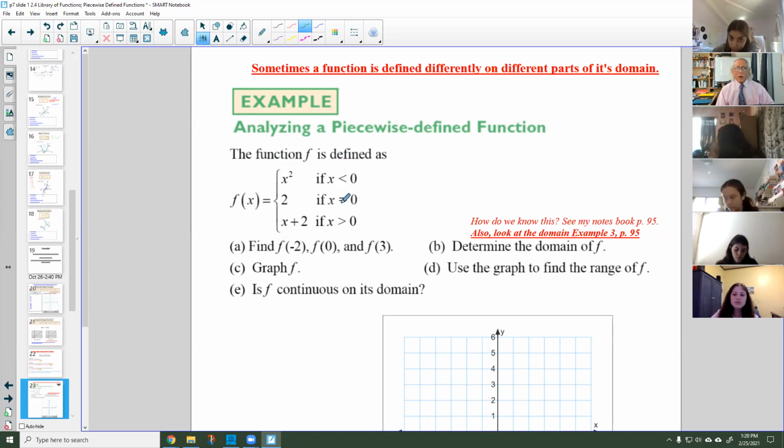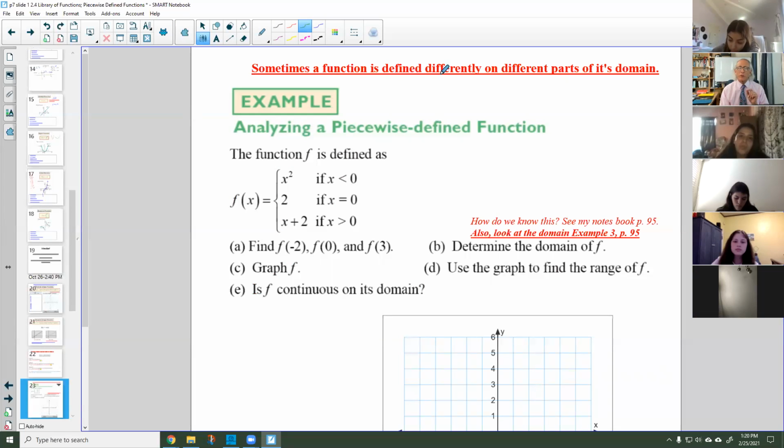So what a piecewise defined function does is it's defining the function differently on different parts of its domain. So I'm looking at this function. It's just a single function, f of x. And I say it's equal to, but I got a bracket because I'm going to divide its domain into 3 separate pieces.